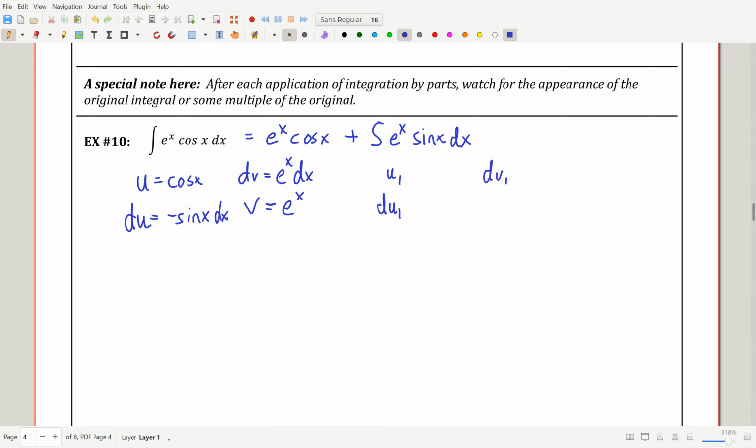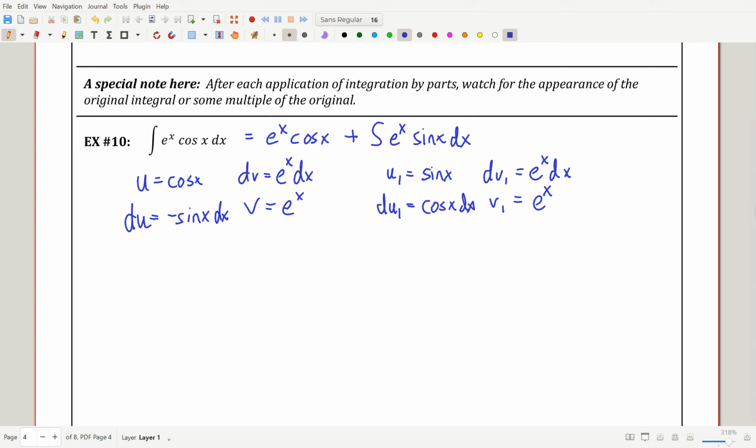And we are going to choose them the exact same way. This time u1 will be sine x, leaving dv1 to be e to the x dx, which still makes v1 e to the x. And then the derivative of sine is cosine, and then the dx.